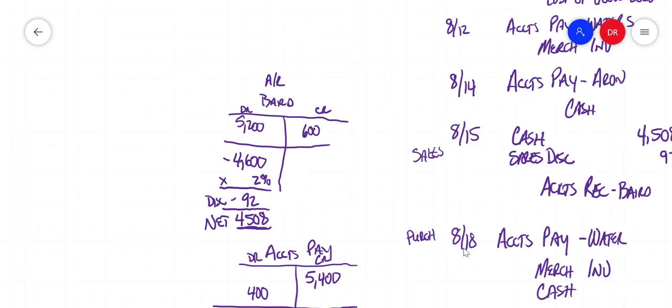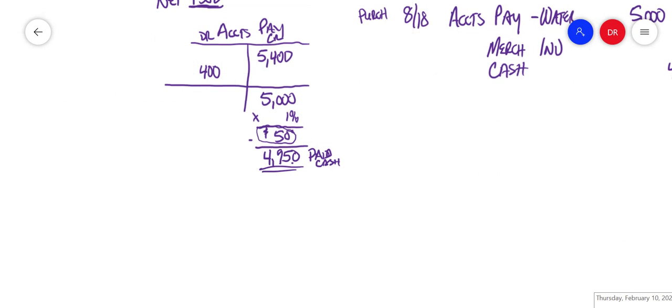So we're going to come down here on August the 19th, and we're going to debit accounts receivable, Tux, for the sale amount.